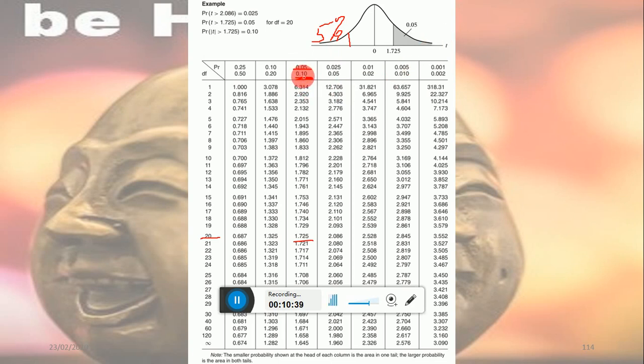So then again we will make use of 1.725. There will be minus 1.725 here because we are to the left of 0, and 1.725 there, we are to the right of 0. But if it is a one-sided test, a 5% one-sided test, we look at this number on top, and again it's the same column.